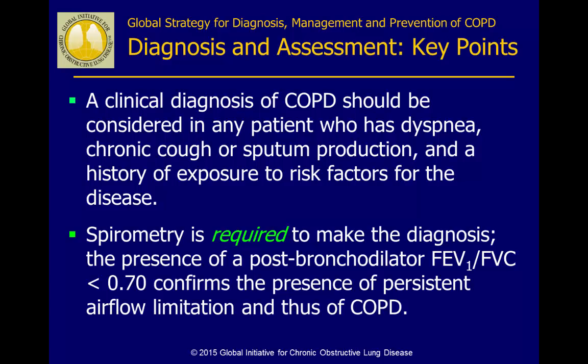You need to know the difference between chronic bronchitis and emphysema. If you remember, in chronic bronchitis, the onset of symptoms is in younger patients, after age 35. And in emphysema, the onset of symptoms is after the age of 50, so they're older.